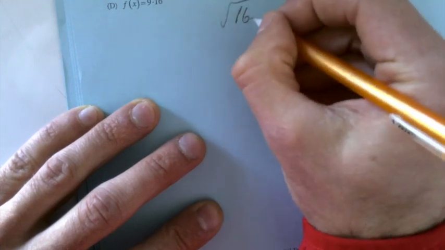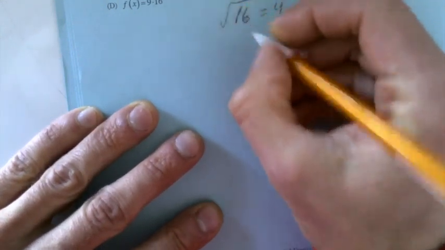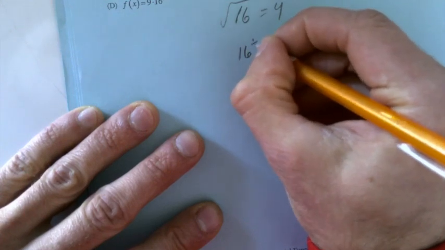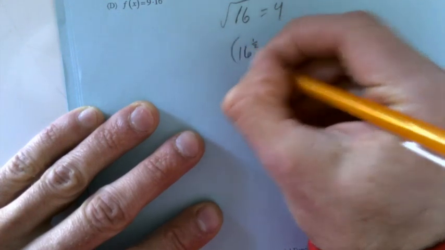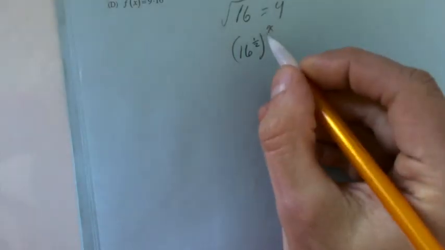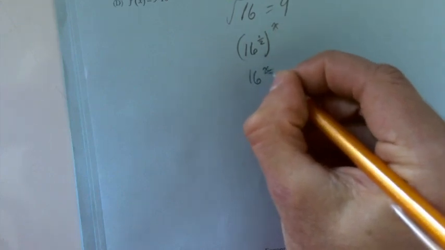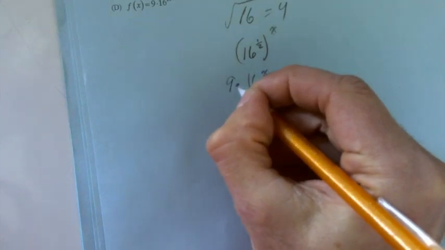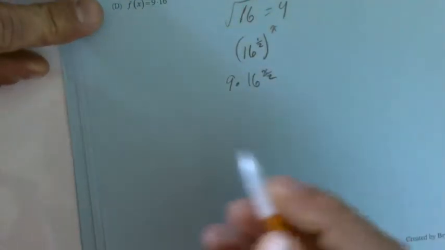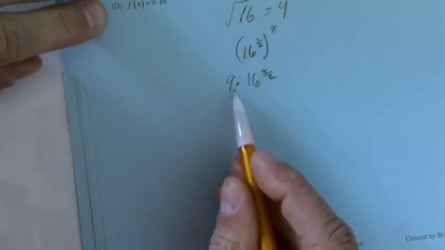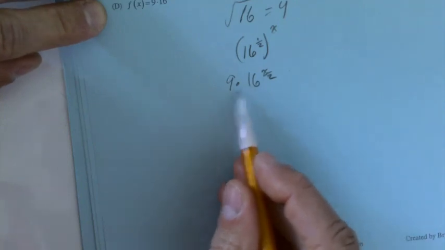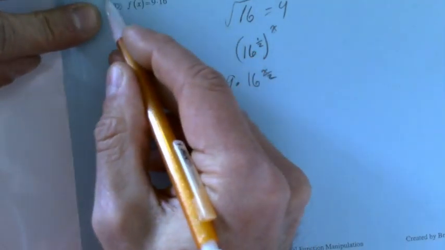Well, square root of 16 equals 4. Square root is 1/2, so 16 to the 1/2 power to the x power. So which of those represents that? Well, if I multiply x times 1/2, I get 16 to the x over 2 power. So the 9 doesn't change at all because it wouldn't have a common base, even if I made it an exponent like 3 squared. No common base, so I can't use it. The answer here is C.